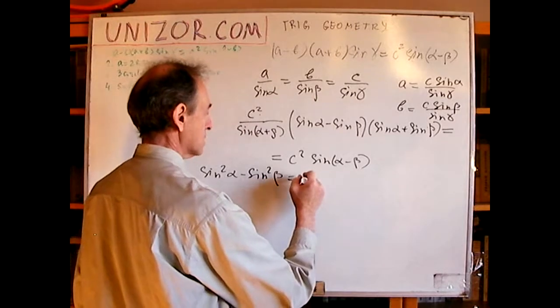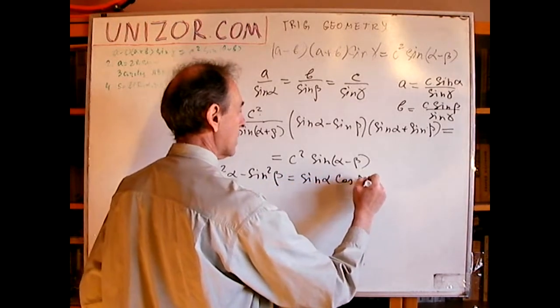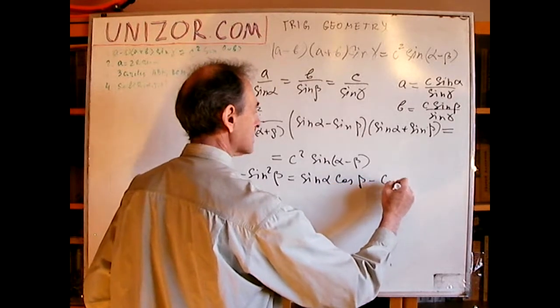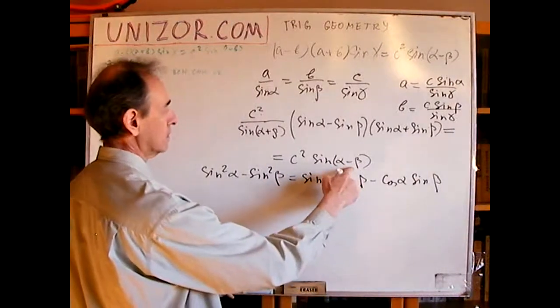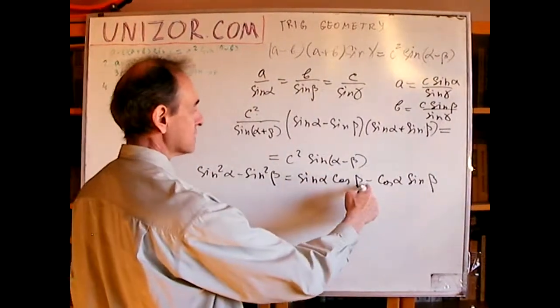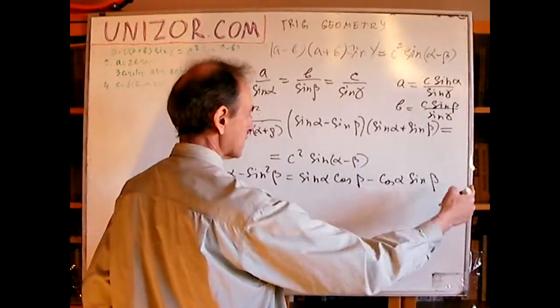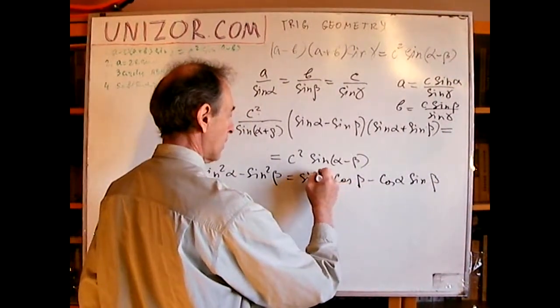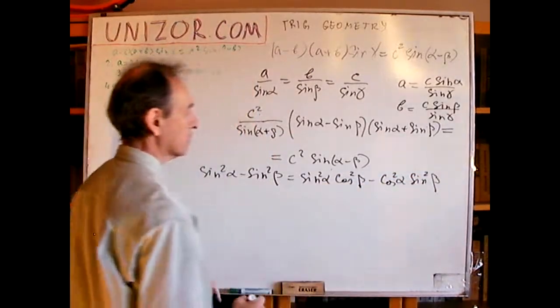So this is sine alpha cosine beta minus cosine alpha sine beta. That's this one. And this one would do the same thing with a plus. So again, I have x minus y and x plus y, so it's basically x squared minus y squared. That would be on the right.